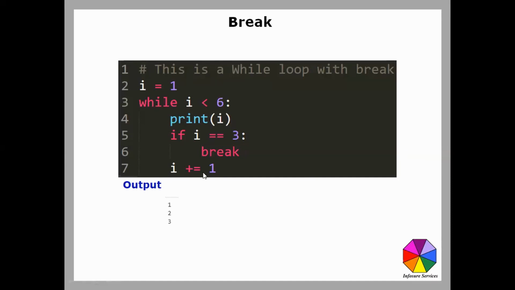So 1 becomes 2, and then it goes back here, and when it becomes 3, it will come out of the loop. It prints 3, so 1, 2, and 3, and comes out of the loop. So this is a while condition. It's another way to do a loop, but in some cases it's easy to understand the flow like this.